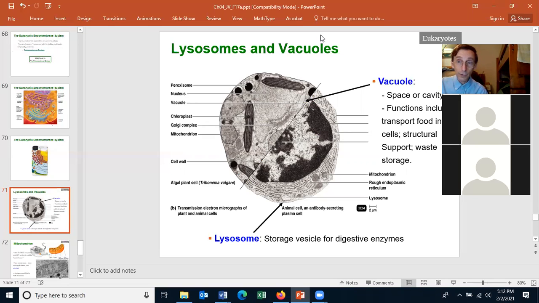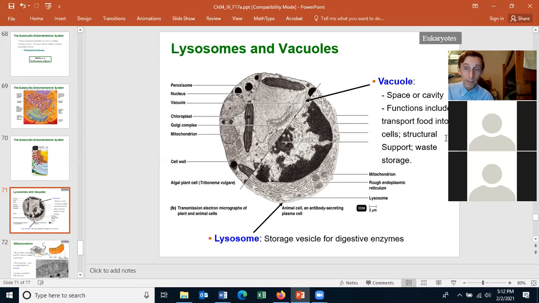And that storage can be useful molecules like food, structural support molecules, or waste storage. In fact, in plants, the central vacuole stores many products that the cell wants to use, and then many products that the cell wants to store as waste.